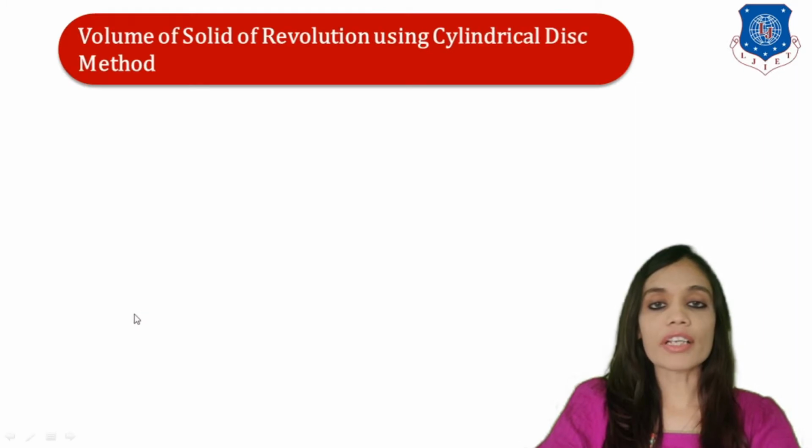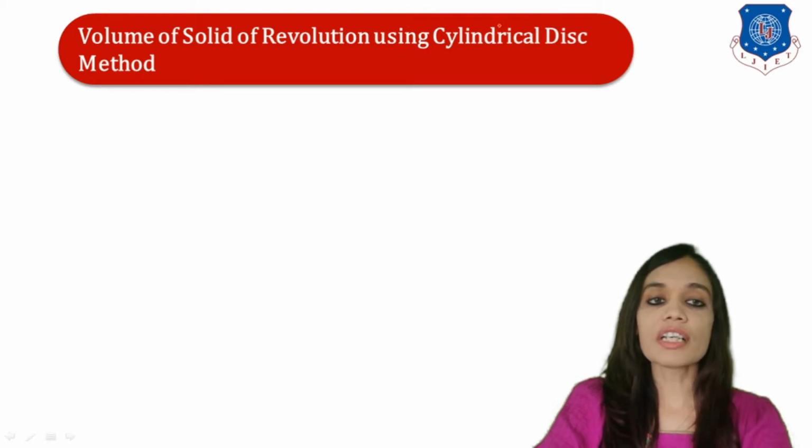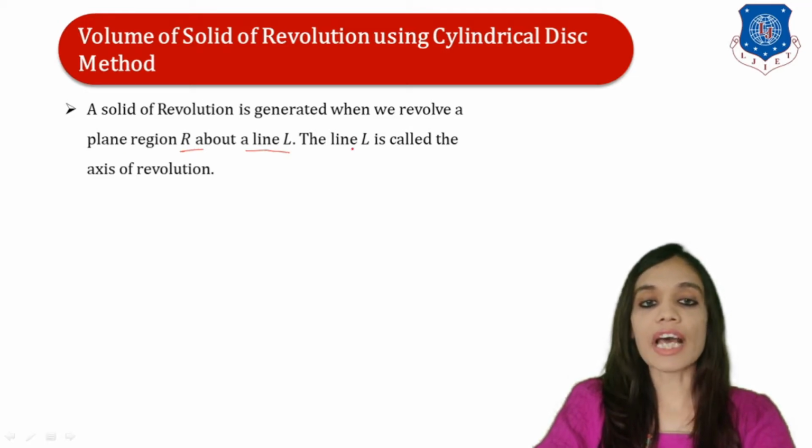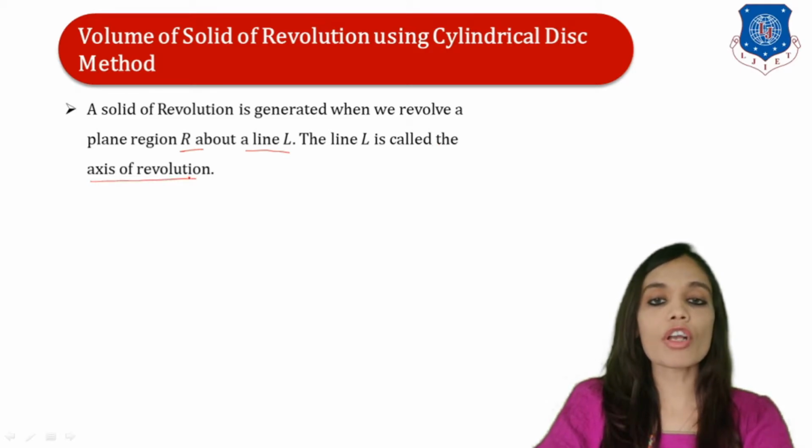Now let us study one more method, that is volume of a solid of revolution using the cylindrical disc method. A solid of revolution is generated when we revolve a plane region R about a line L. The line L is called the axis of revolution.